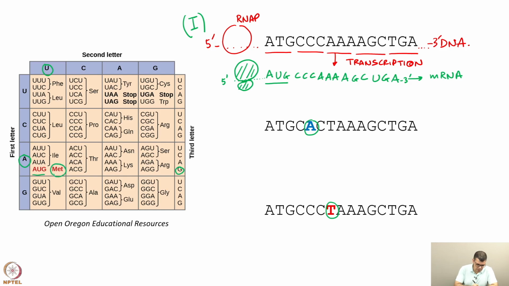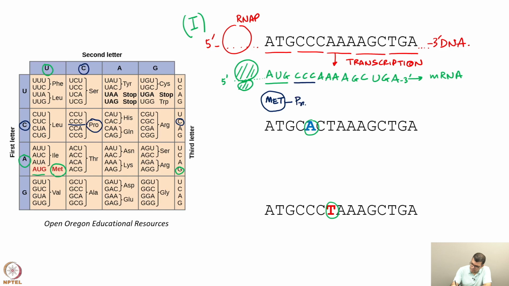So, which means that when amino acids are assembled, the first amino acid to be assembled as part of this peptide chain is going to be methionine. After that, the ribosome moves to the next triplet, which is CCC, that is the first C, this is second C and the third C, and that is an amino acid called proline.